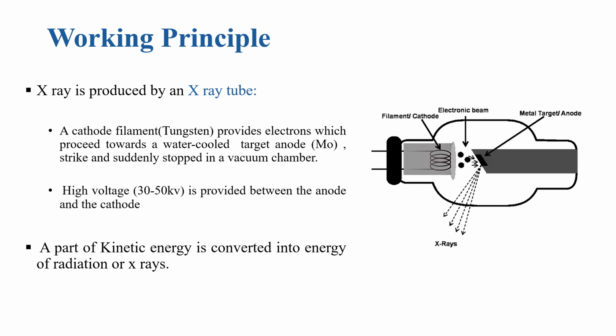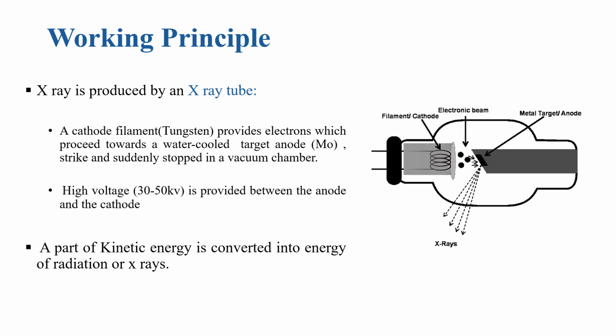When the electrons hit the target, a release of energy happens. The energy released takes two forms. Most of the energy is released in the form of heat, and some of the energy is released in the form of X-rays, and some in the form of gamma rays, depending upon the wavelength of the rays produced.